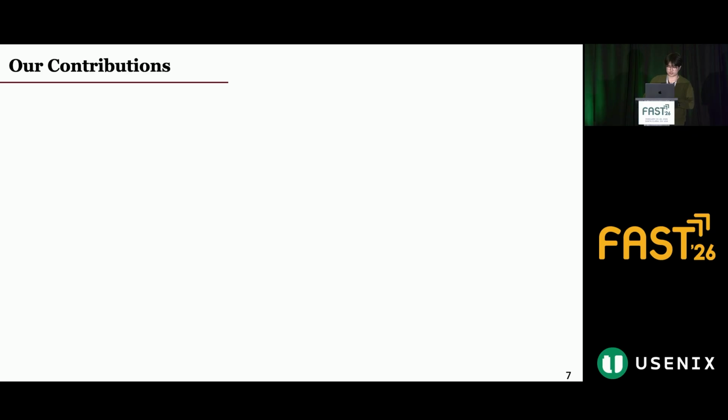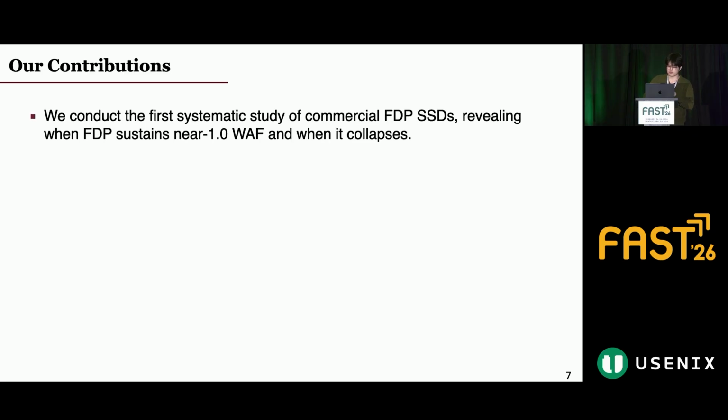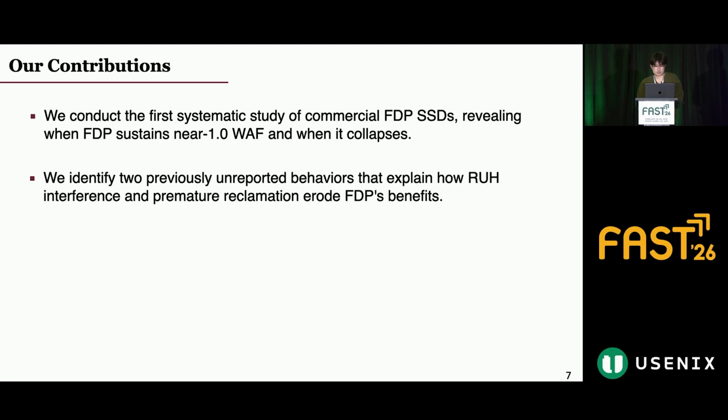To answer these questions, we make three contributions in our paper. First, we conduct a systematic study of commercial FDP SSDs, spanning synthetic, trace-driven, and file system workloads, revealing when FDP SSD sustains near 1.0 WAF and when it collapses. Second, throughout this study, we identified two previously unreported behaviors, RUH interference and premature reclamation, that explain how and why FDP benefit erodes.